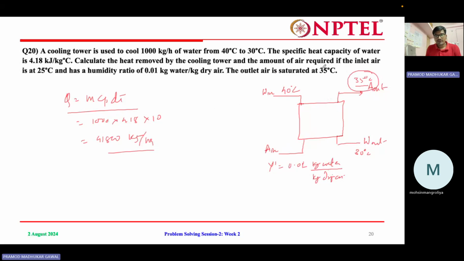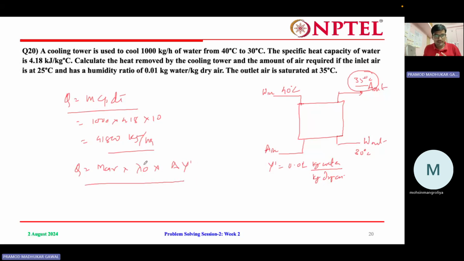To calculate the amount of air required, you have to use this formula: m air into latent heat of vaporization into difference of humidity, right?